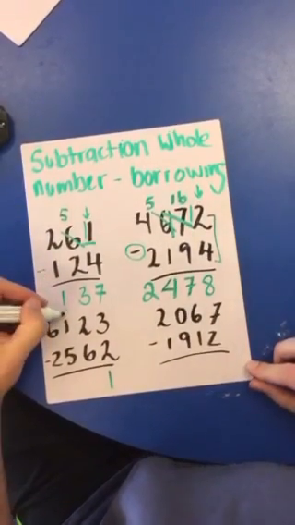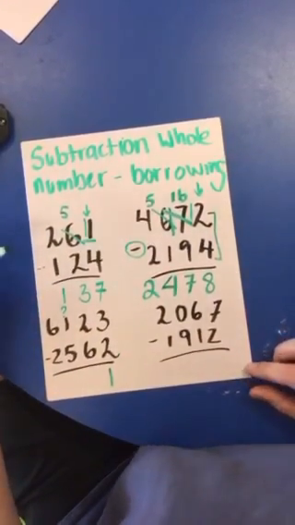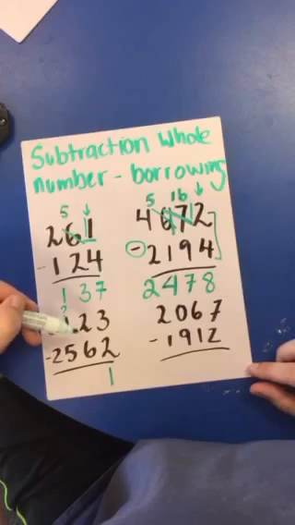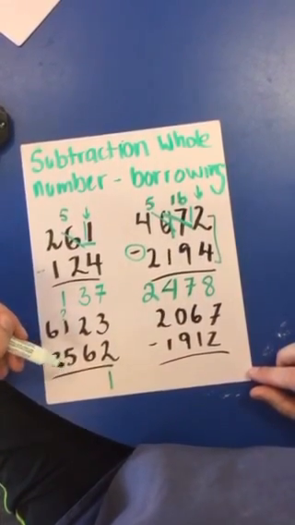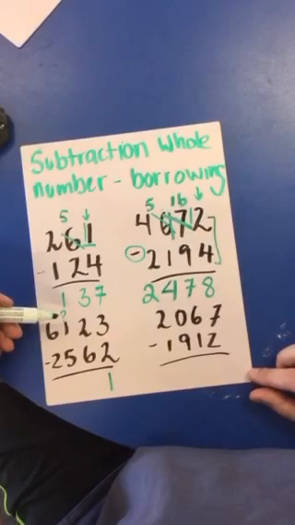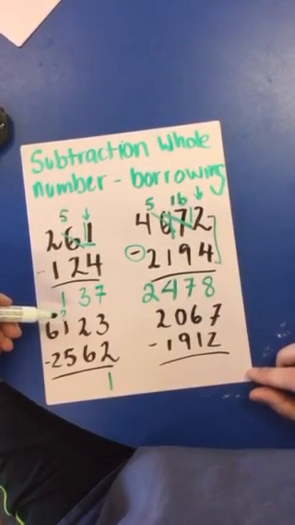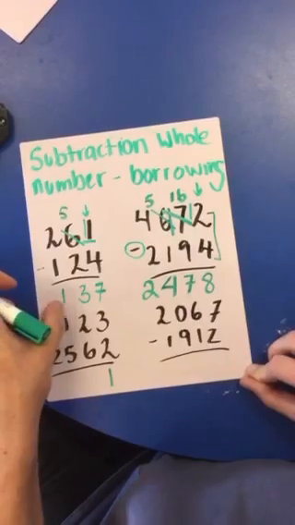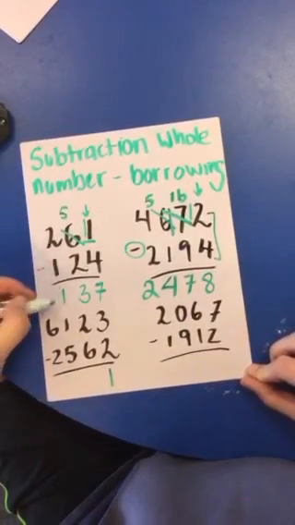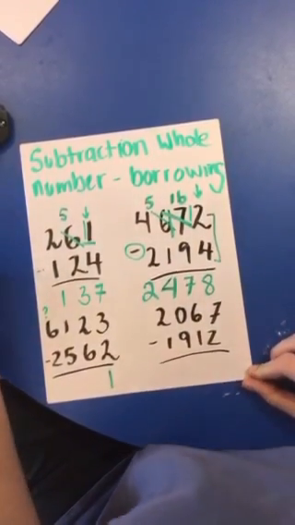So I ask myself, can I borrow from the column next door? Is the 1 larger than the 5? And the answer is no, it's not. So I'll have to borrow. Can I borrow from here?